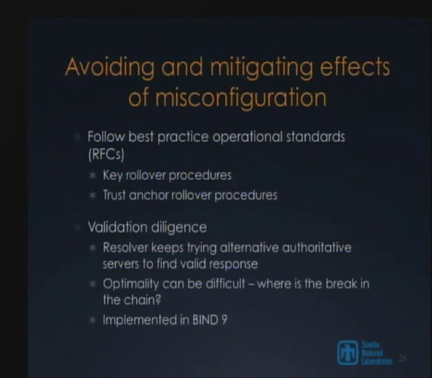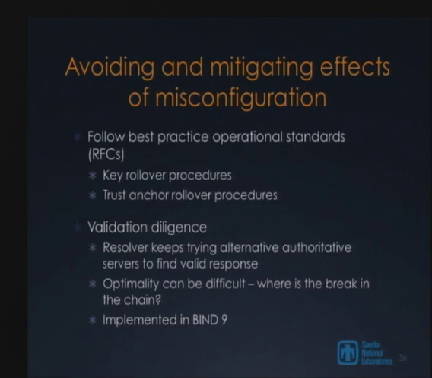Of course the best thing to do is to follow the RFC guidelines, which tell the zone administrators how to do key rollover procedures properly, how to do trust anchor rollover procedures properly.